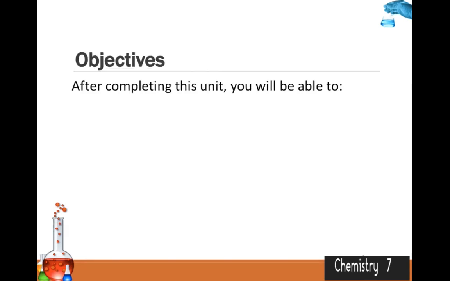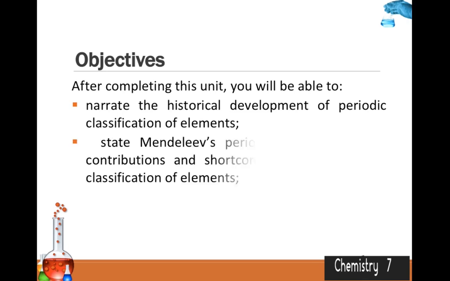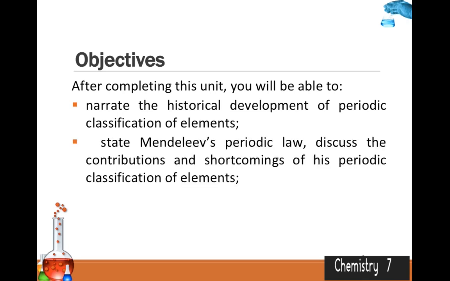In this unit, you will be able to narrate the historical development of periodic classification of elements, state Mendeleev's periodic law, discuss the contributions and shortcomings of his periodic classification of elements, and state the modern periodic law.